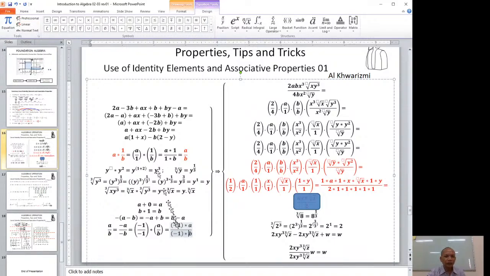Okay, so negative 1 times a, negative 1 times b, that's why we have a over b equal to negative a over negative b. So you see the result now.